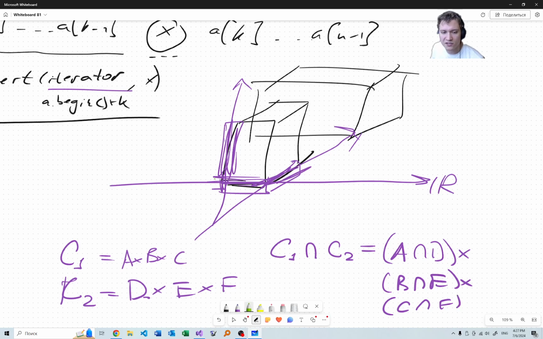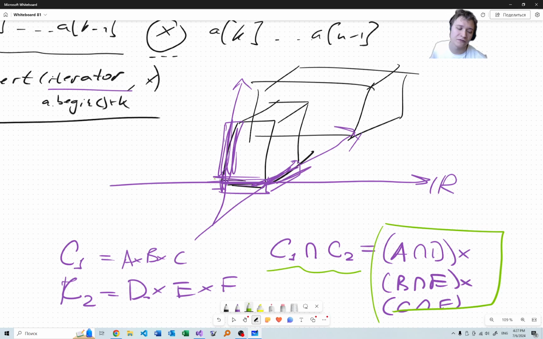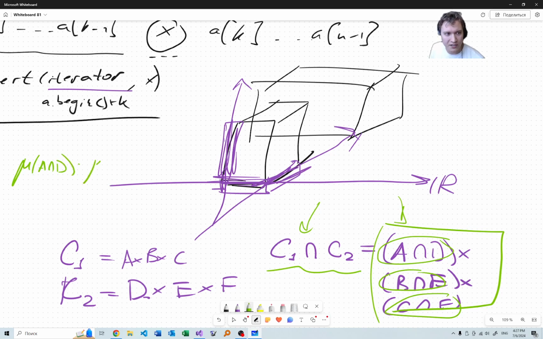So if you want this to have a positive volume, you want all of these sets to have a positive length. Because the volume will simply be the measure of A intersect D times the measure of B intersect E times the measure of C intersect F. So if you want this to be positive, you just want all these three numbers to be positive.